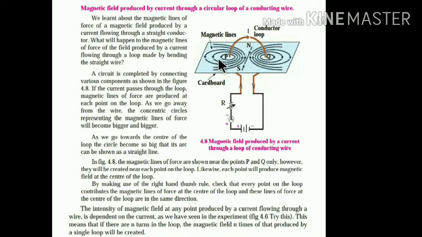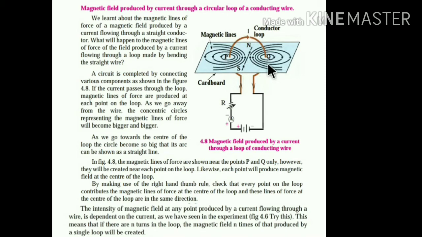As we go toward the center of the loop, the circles become so big that their arc is shown as a straight line. So this is a straight line. As we go to the center of this loop, the magnetic lines of force are shown near points P and Q only.